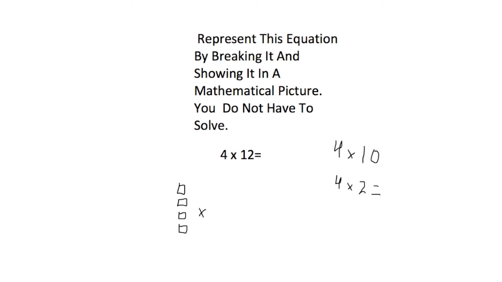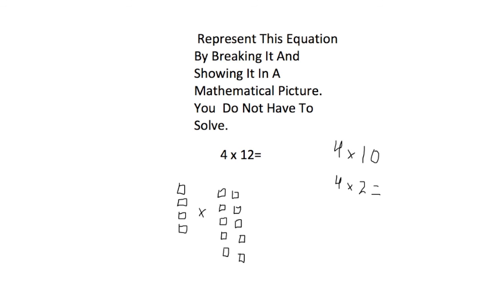Now, since we broke 12 from tens to ones, we have a 1 in the tens place, so we're going to have to draw 10 blocks. So that's 1 block, 2, 3, 4, 5, 6, 7, 8, 9, and 10.